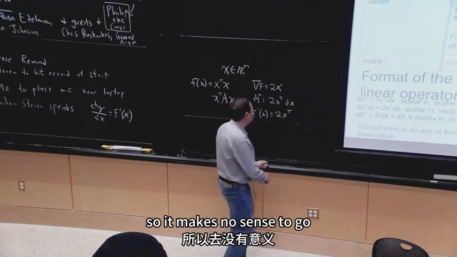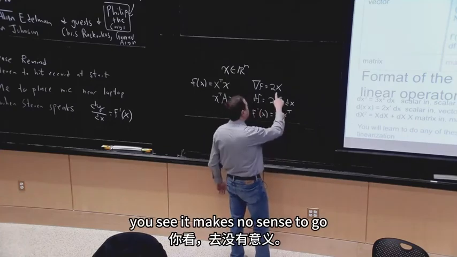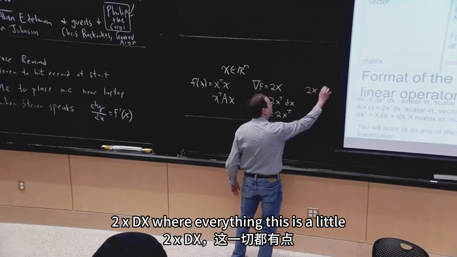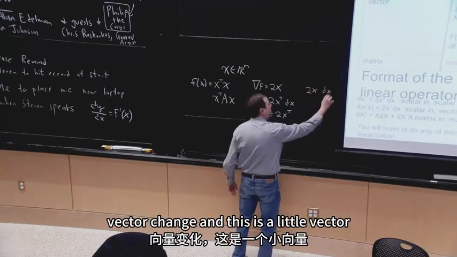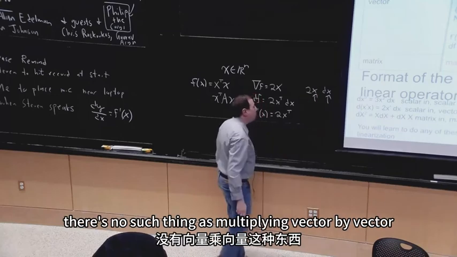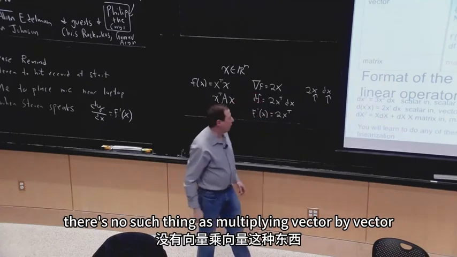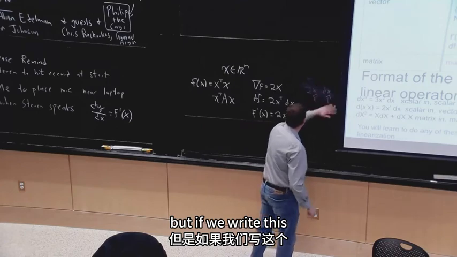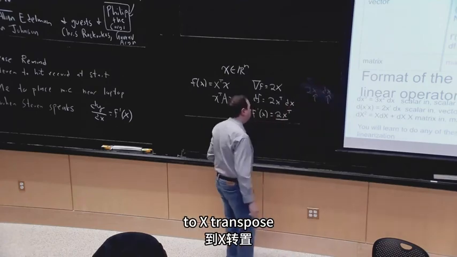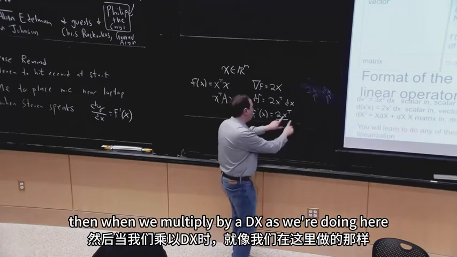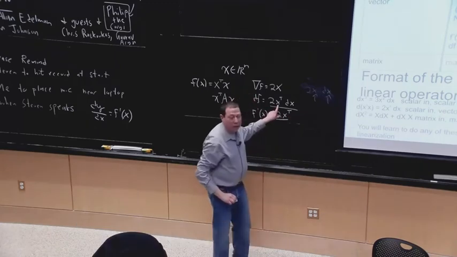It makes no sense to write 2x dx, where dx is a little vector change and 2x is a vector. There's no such thing as multiplying vector by vector. But if we write 2x transpose, then when we multiply by dx, out comes a scalar.